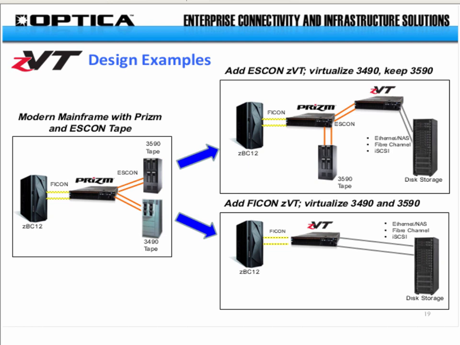Oh, yes, thank you. So the last poll, one last question for you guys. With a virtual tape system in your environment, do you think you would continue to need physical tape installed? And we have a little bit of that here, where you've got a new mainframe, got a Prism, and you have an ESCON connected tape drive, but you also have zVT and your virtual tape environment.